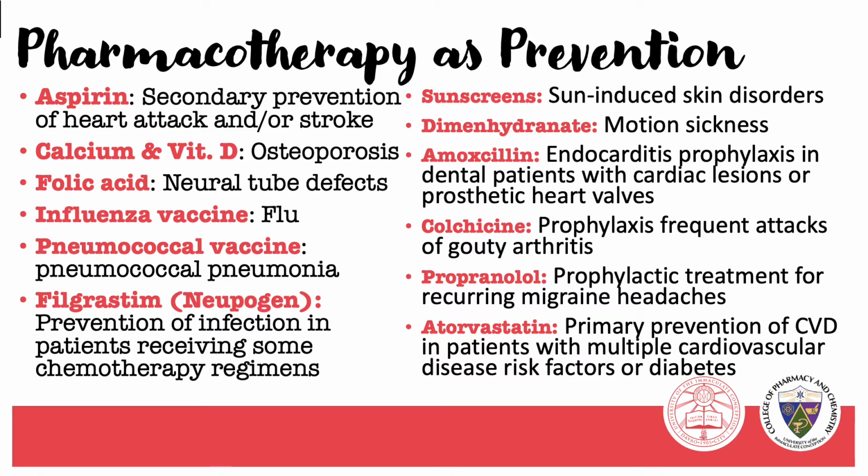Colchicine is a prophylaxis for frequent attacks of gouty arthritis. Propranolol is also prophylactic treatment for recurring migraine headaches, and atorvastatin is primary prevention of CVD in patients with multiple cardiovascular disease risk factors or diabetes.